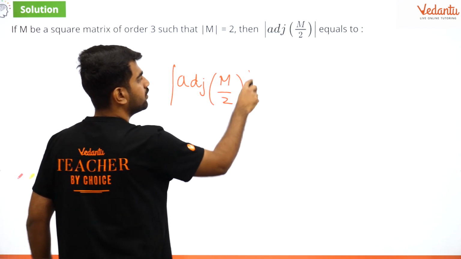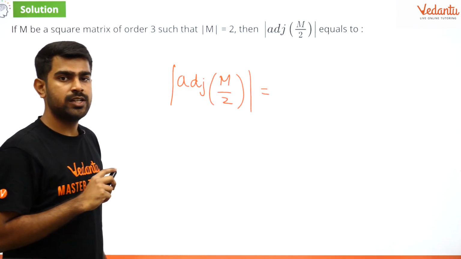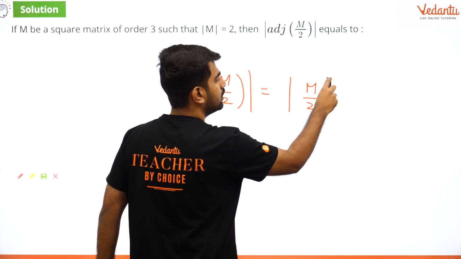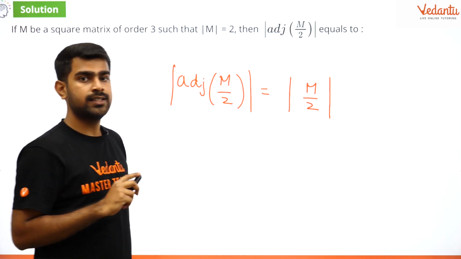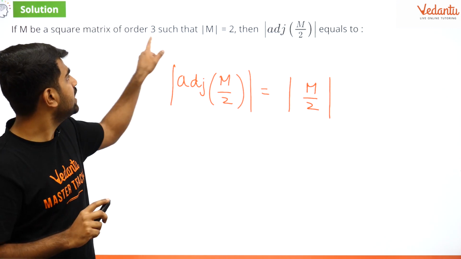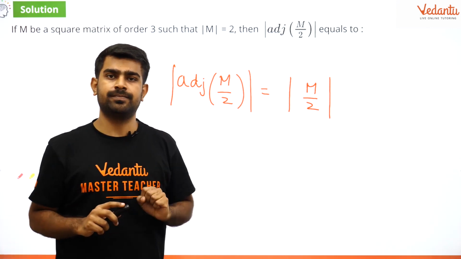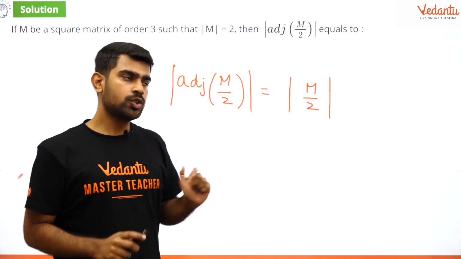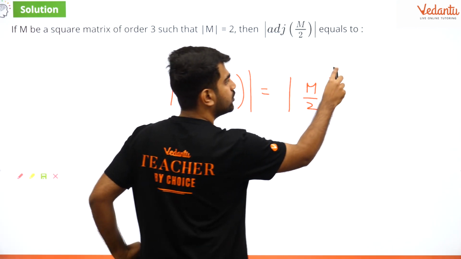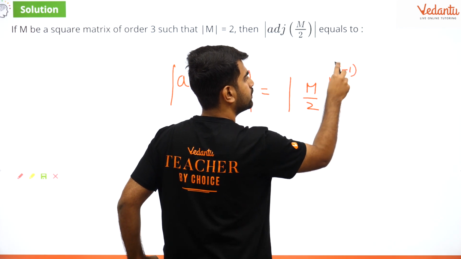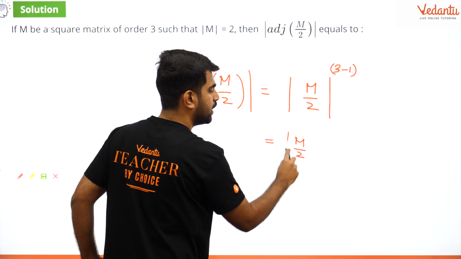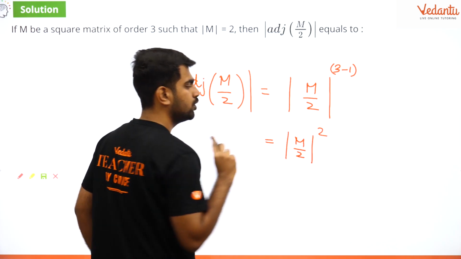So that is going to be equal to determinant of M by 2 raised to the power n minus 1. Now what is n over here? Here the order is given to be 3. So it is a 3 cross 3 matrix because it is a square matrix. So n minus 1 is 3 minus 1, so it is going to be the determinant of M by 2 raised to the power 2.